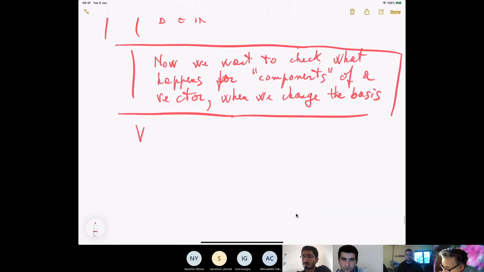So I write V equal V^i E_i, a linear combination of the first basis, but it is also equal V'^{j'} E'_{j'}. Okay.